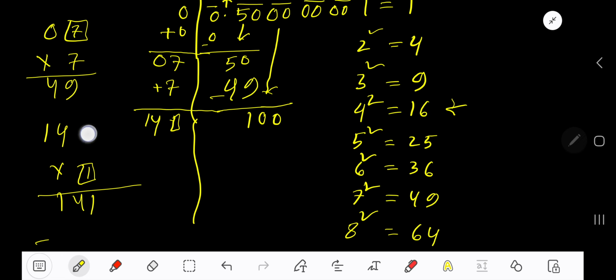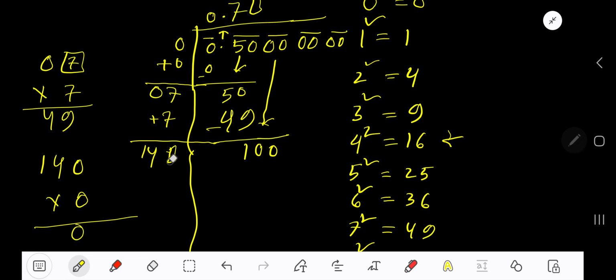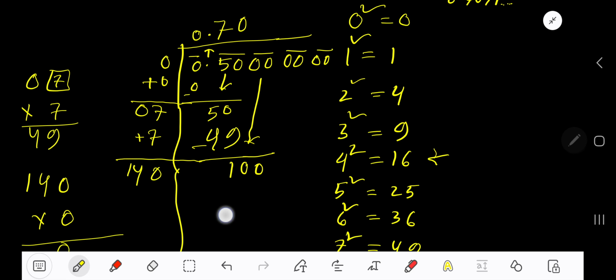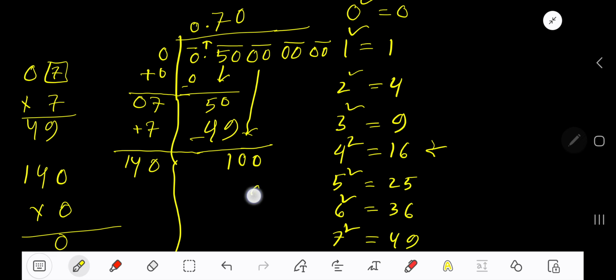So we have to take 0 here. If you multiply 0 times 0 0 0 0, everything will be 0. So take 0 here, and this 0 must come here. 0 times this gives you 0. That is, 140 doesn't go into 100. Subtract, you are getting 100.